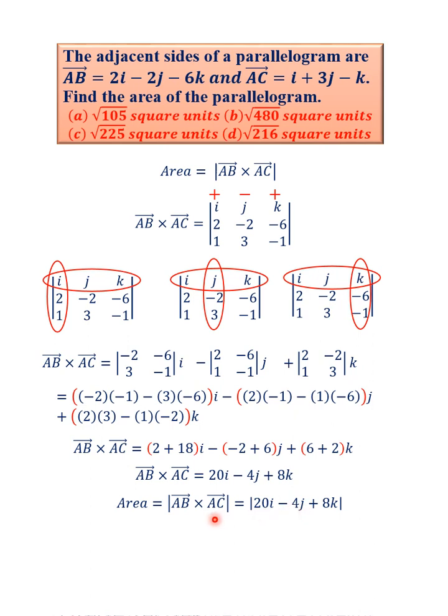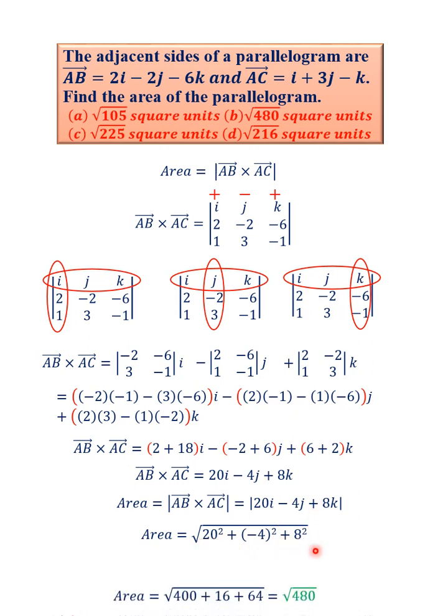How do we determine the magnitude of a vector? The magnitude of a vector is the square root of the sum of the squares of each term. So we have the square root of 20 squared, plus minus 4 squared, plus 8 squared.